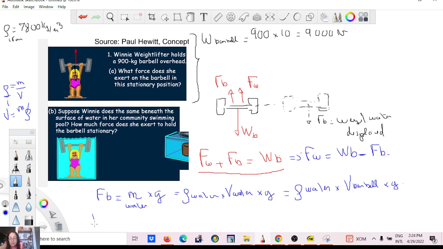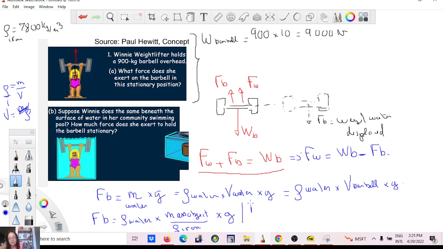Okay, so the buoyant force equals the density of water, which is easy, times the volume of your object, which is the mass of the object divided by the density of iron, and don't forget G, right?